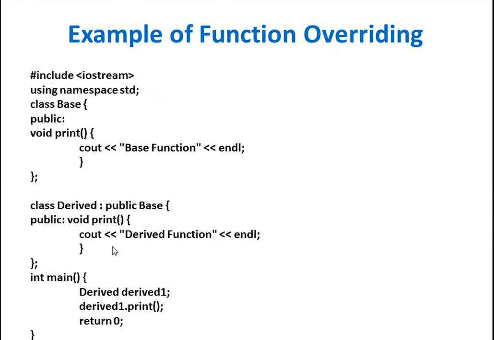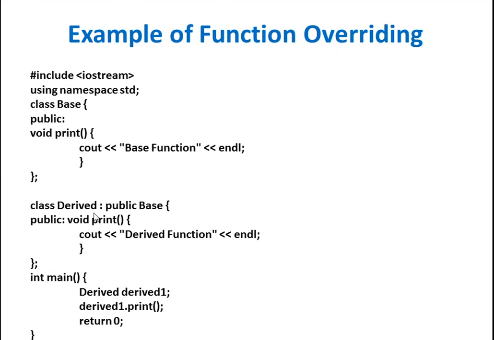But what exactly is overriding? Function overriding means that whatever is inherited from the base class, the derived class is not satisfied with the code written in the base class, or doesn't want that code, or wants its own code. So the derived class replaces that code with its own code, and that is called function overriding, or replacing the function.